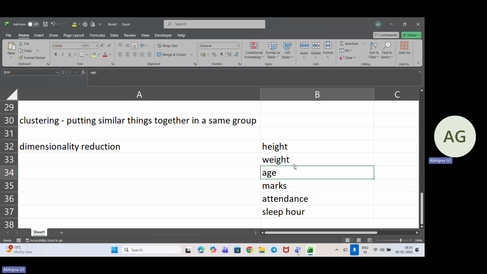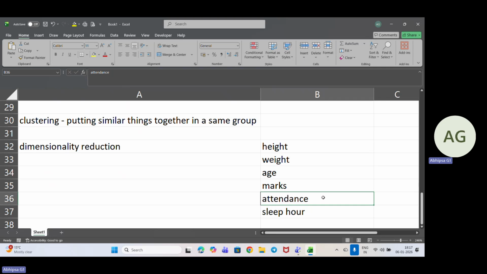Student marks are important, student attendance is important, and sleeping hours are partially important, because if the sleep is within an 8 hour range, the person's mind is fresh, and if the person has studied accordingly, they are able to get through. So my most important criteria from a marks perspective are the features of marks and attendance. I'll keep those and not keep the rest. That is the major idea about dimensionality reduction.